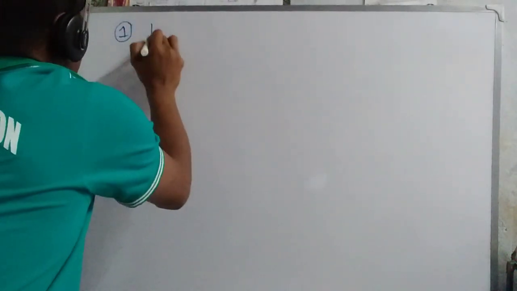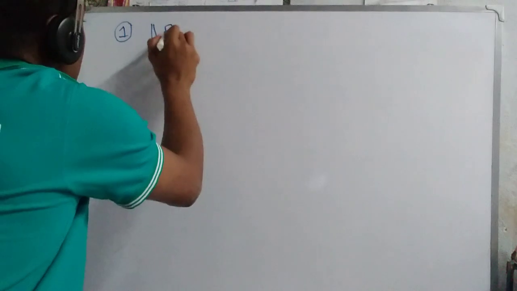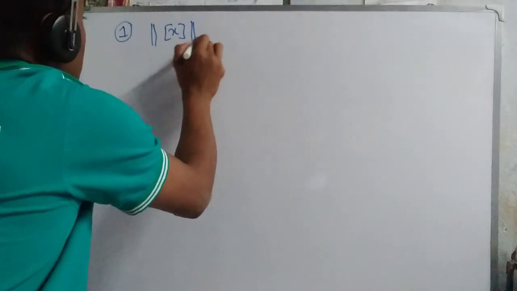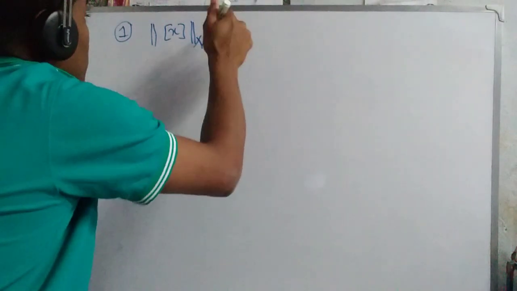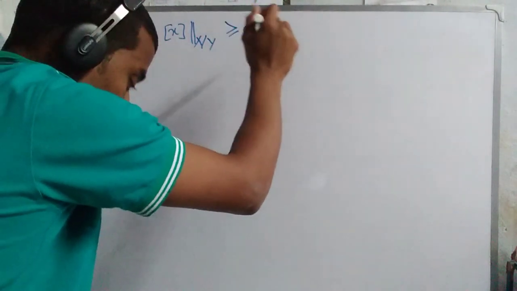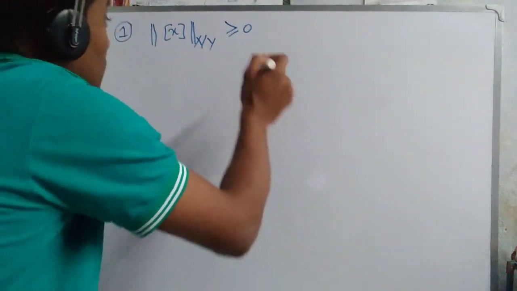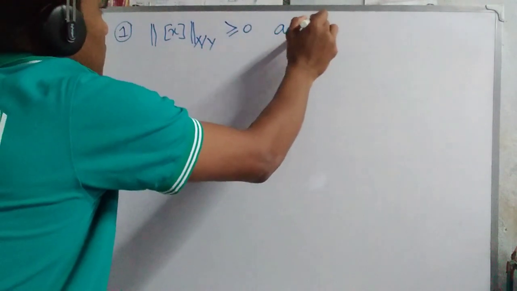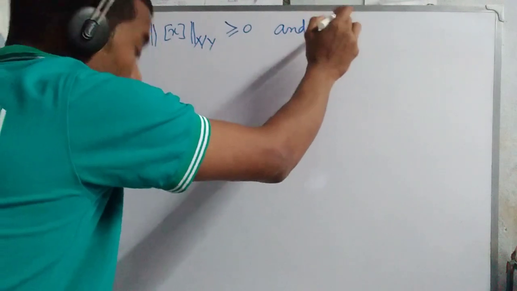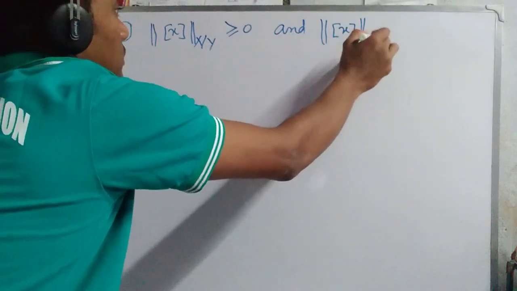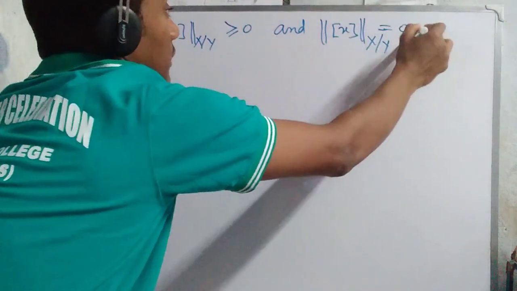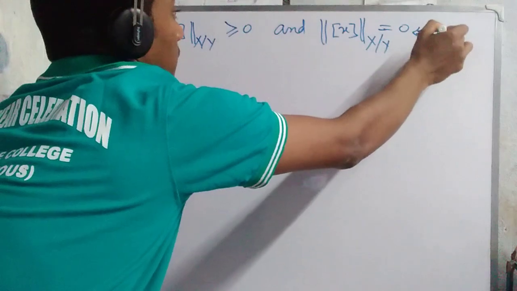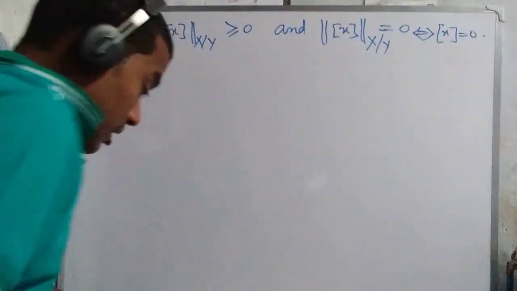So we write it now. First result: norm of [x] in X quotient Y is greater than or equal to 0, and norm of [x] in X quotient Y equals 0 if and only if [x] equals 0.